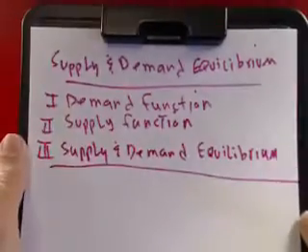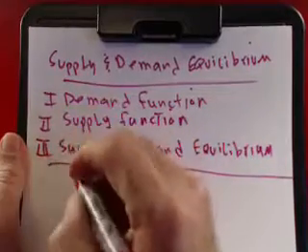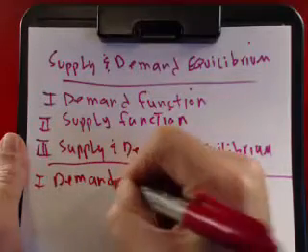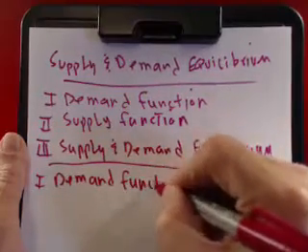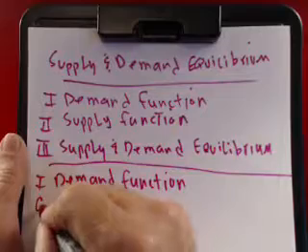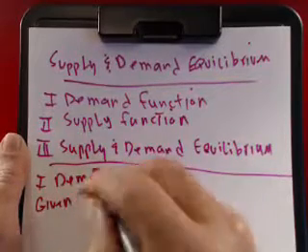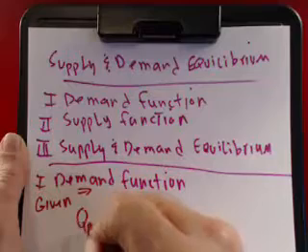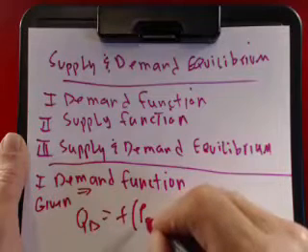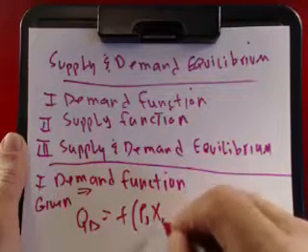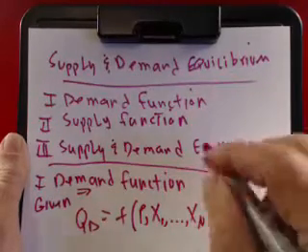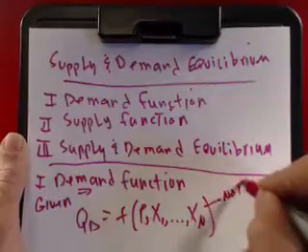All right, so let's start out with the demand function, and we'll talk about the characteristics. So given this, we have Q sub D is a function of price and then other factors, and again, we're not going to really cover these.